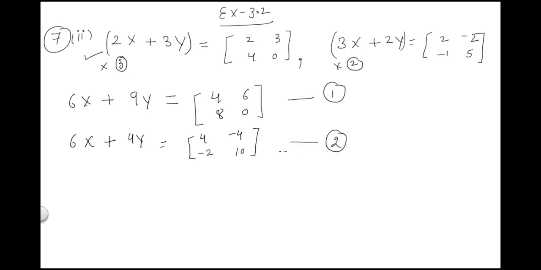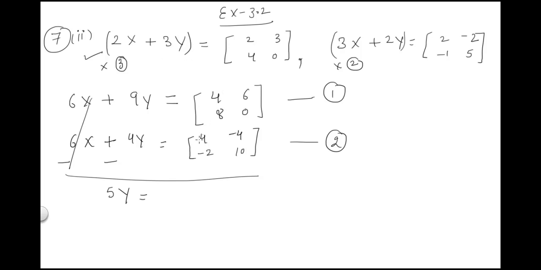So what we are going to do is, we are going to subtract them. So if we subtract them, 6x and 6x will get cancelled. 9y minus 4y is 5y equals. Now to subtract this, as we learnt yesterday, for subtraction the order should be same, and we see these two matrices are 2 cross 2 matrices. So corresponding elements of each are going to be subtracted.